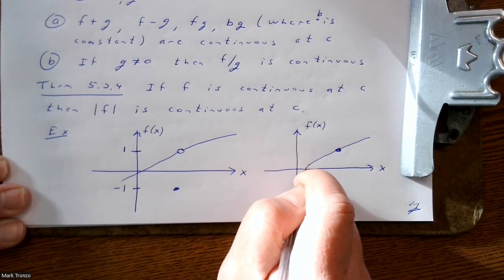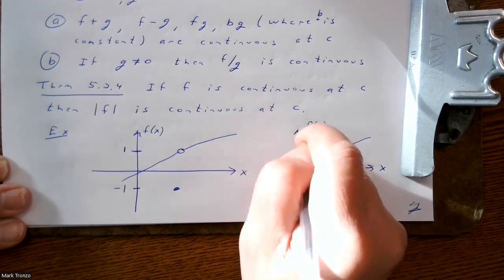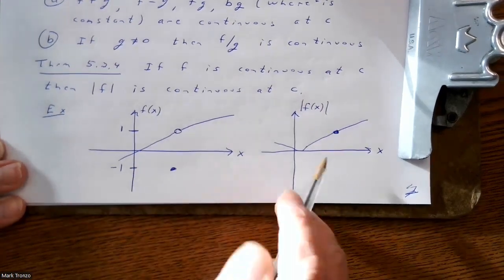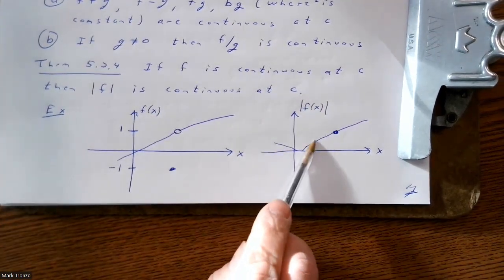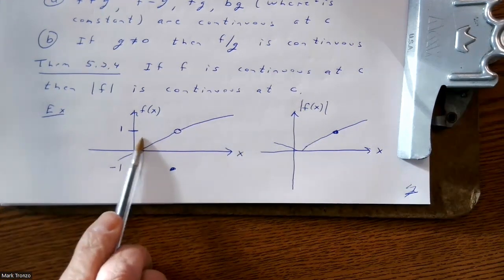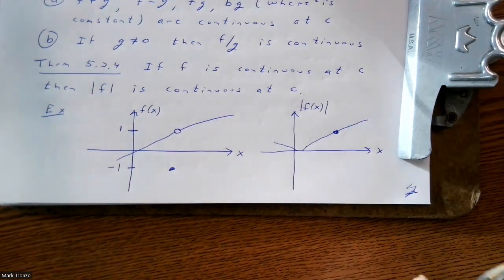And I suppose these ones down here would just kind of go up like that. So you can see the other way doesn't necessarily work. You can see this one would be continuous, but this one wouldn't. But if this one is, then the absolute value would be. Any questions on those?